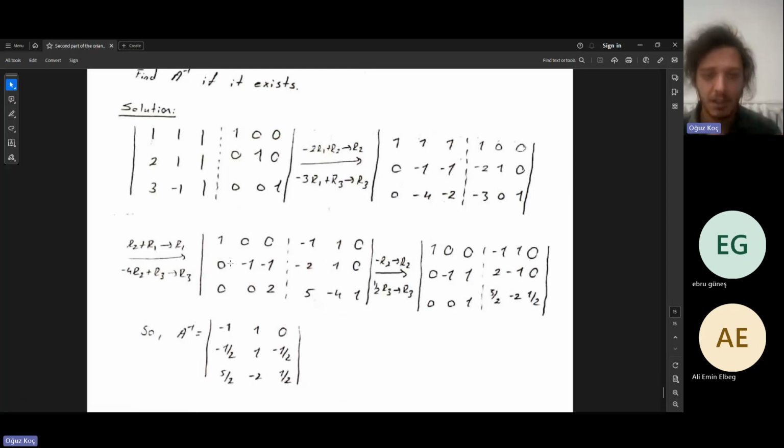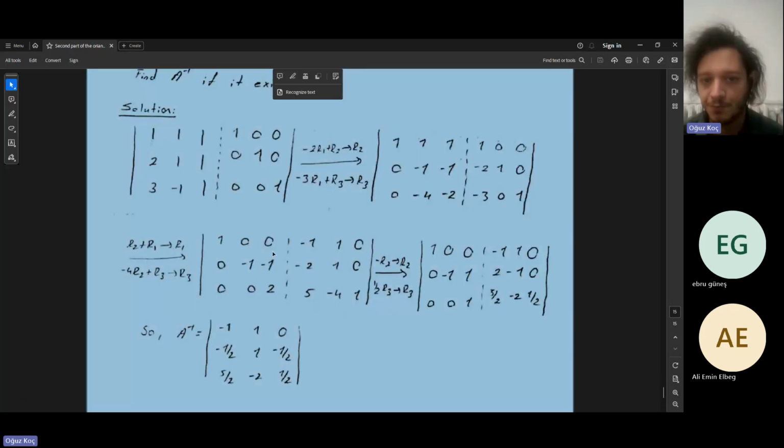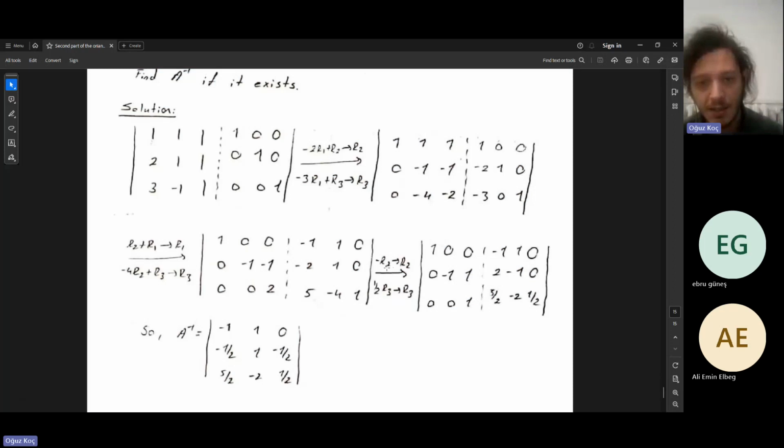We already make those values 0 and 0, 0, 0. And then we need to make this value 1. This one has to be 1. Pardon, this value has to be 0. And then we multiply the second row by minus 1, and then we divide the third row by 2, and then we get 1, 0, 0, 0, -1, 1, 0, 0, 1.